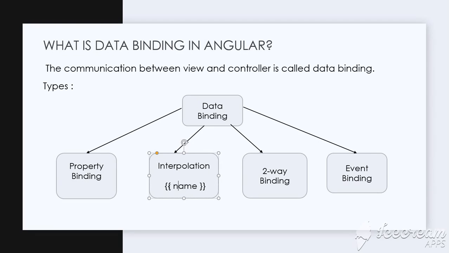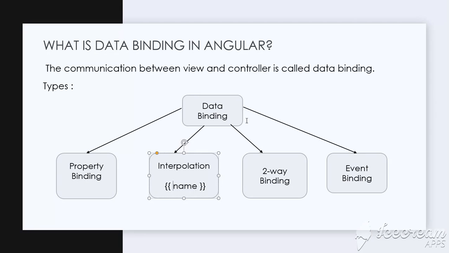Then you can call this using two curly open braces and curly close braces. You simply put the property name inside it, the same name as you declared in your TS file, and then this will be shown. These braces will convert it to a string and then show it on your HTML or on your view.